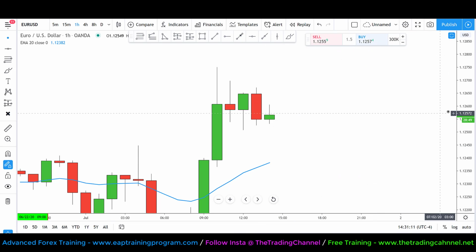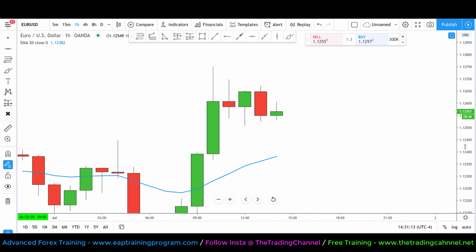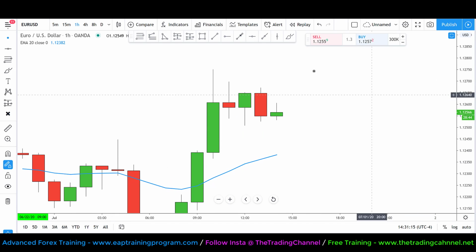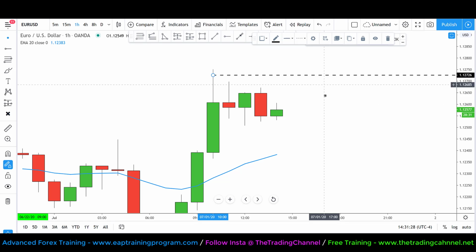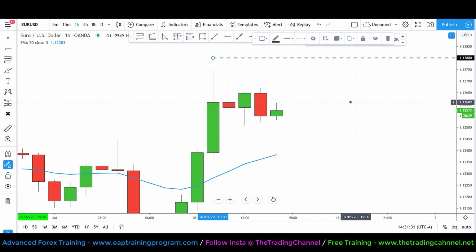So looking at the chart on the screen right now, what that means is that if you wanted to place a buy stop order, then you would need that order to be above 1.1257. So your stop order would need to go above price. Anywhere above price is fine, as long as it is above price.